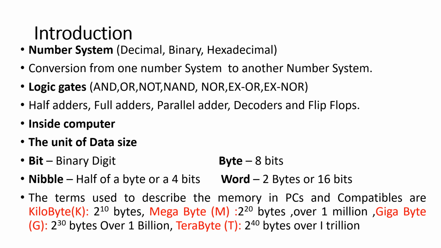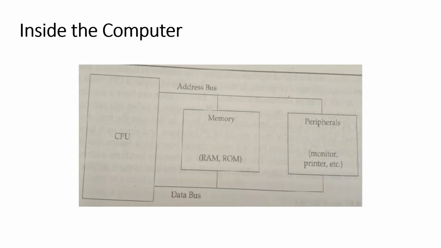Now let us talk about what the computer internally has. Consider the computer. We know that the computer comprises a basic processor unit, the central processing unit, we call it CPU, which is the main part of my computer, which processes or executes the information.